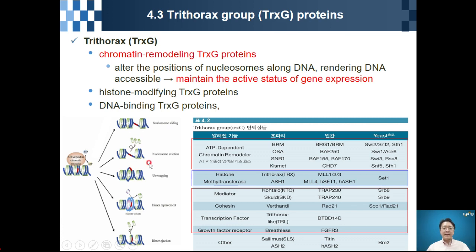There are several cases. So it can maintain the active status of gene expression. And there are also the histone modifying TRXG proteins and the DNA binding TRXG proteins, but in this slide I will not cover them in detail.